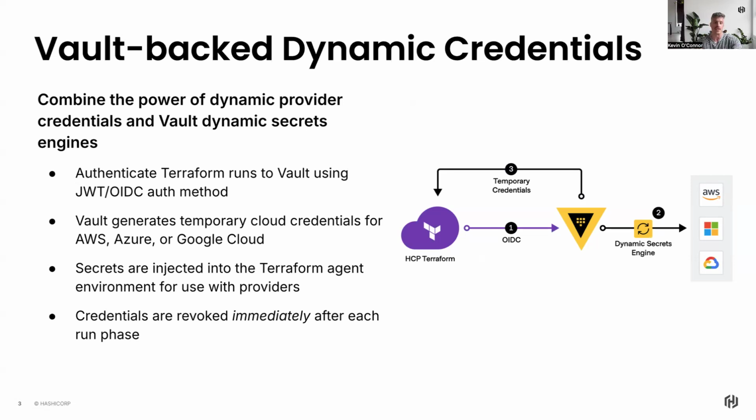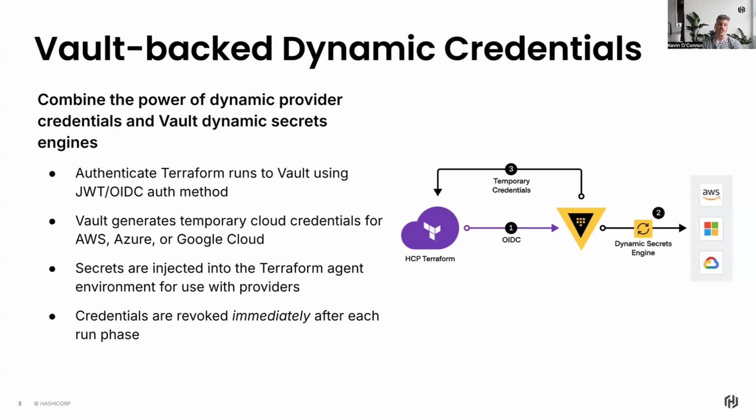So you're setting up that JWT OIDC auth method in Vault and establishing a trust relationship between HCP Terraform and Vault. Then Vault uses the configured dynamic secrets engine for your cloud provider, AWS, Azure, or Google Cloud, to generate the short-lived cloud credential that's unique to the Terraform run. So that's what we're doing in step 2 there.